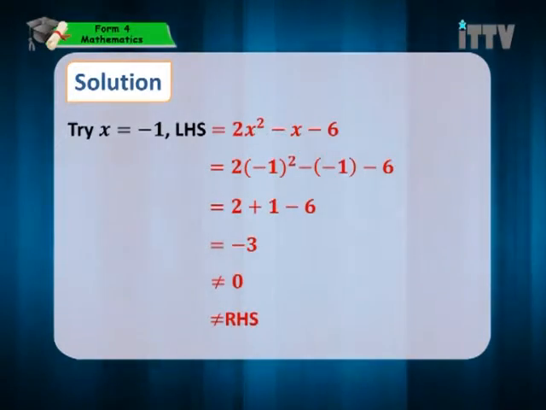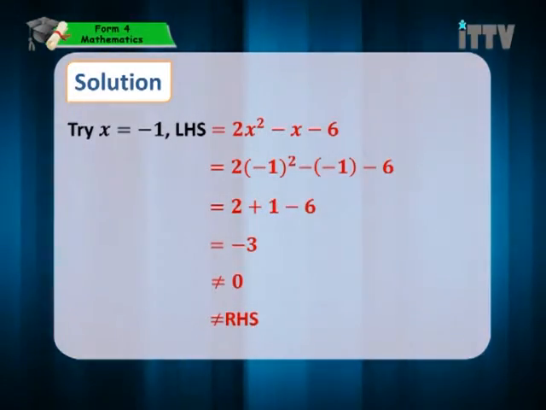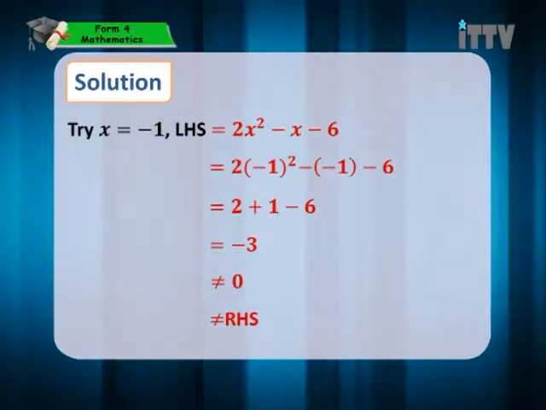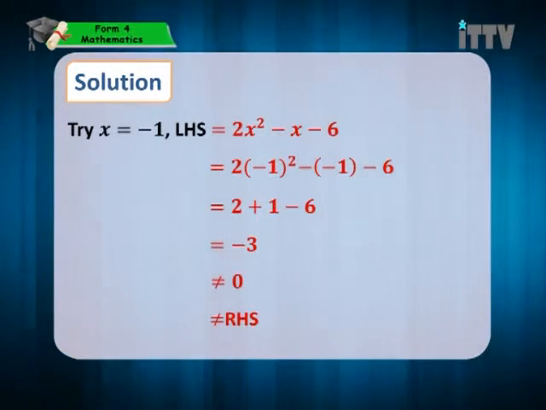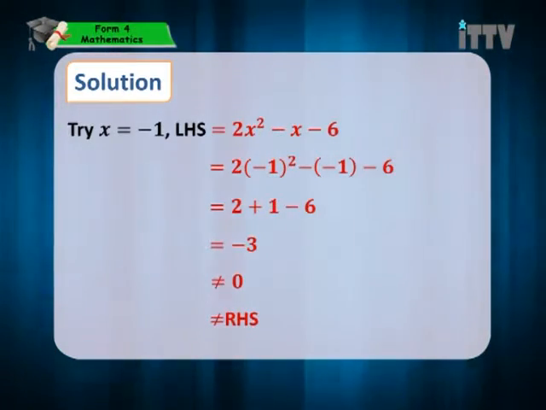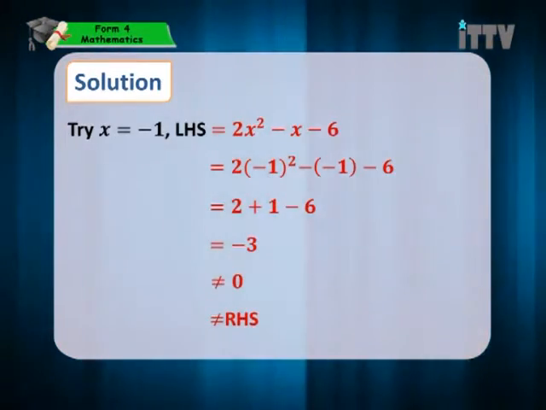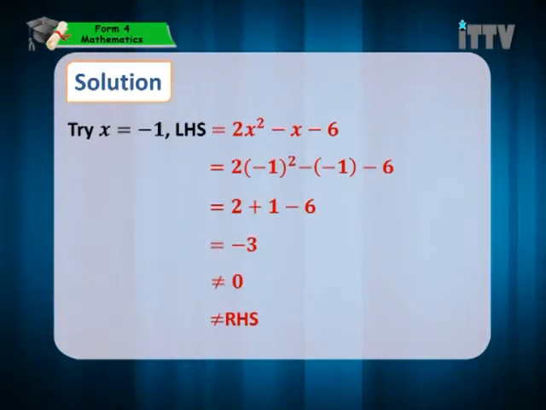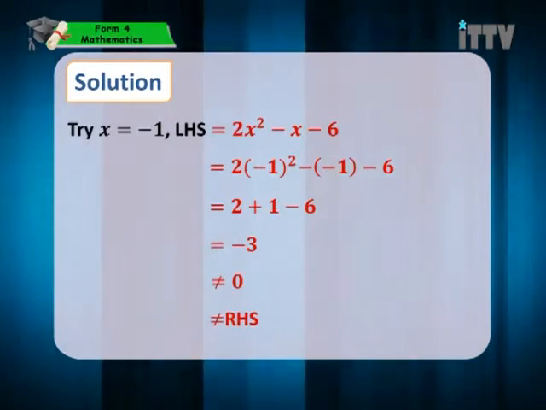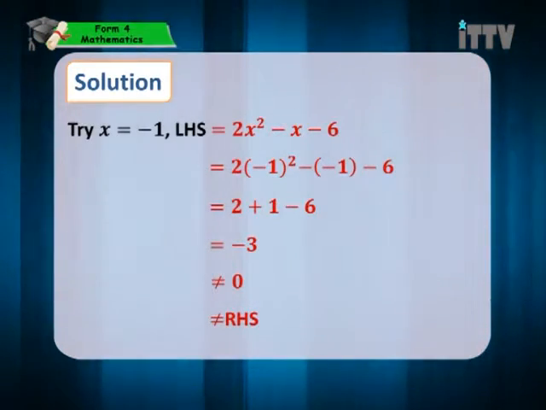Alright, now if you don't get it, try another value. Let's take x as minus 1 now, and let's hope it is the right one, okay? Alright, so on the left hand side, substitute x equals minus 1 inside the whole equation, 2x squared minus x minus 6.